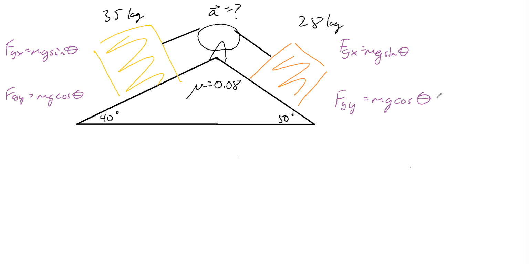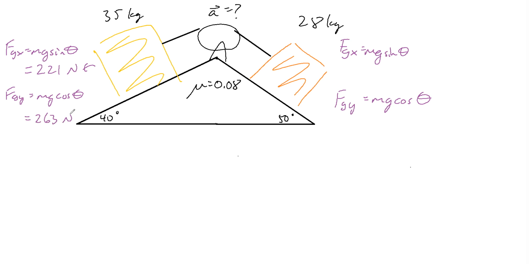All right, so now let's calculate our forces, and then we can start working with them. So on the left-hand side, I punch out the 35 times g times sine theta and then times cos theta. My FGX, we're looking around 221 newtons, and it's trying to pull it to the left. And my FGY is around 263 newtons.